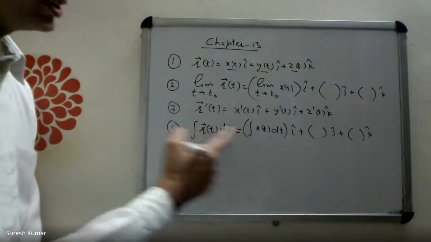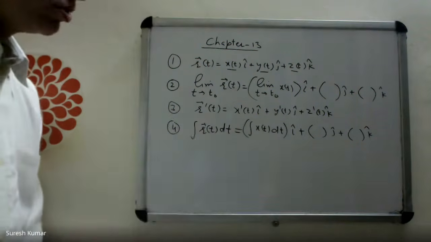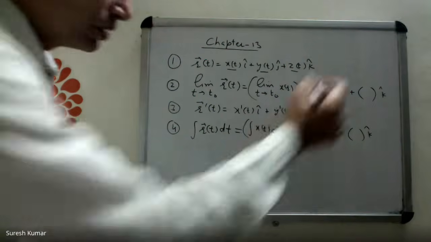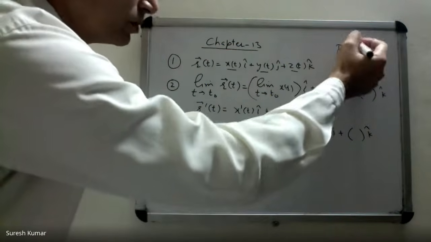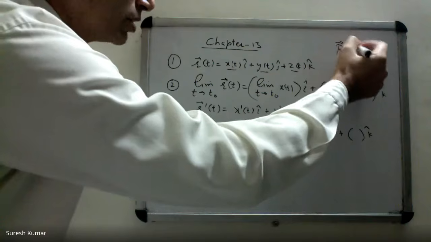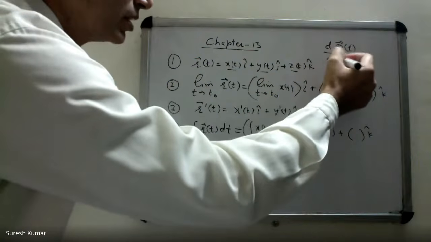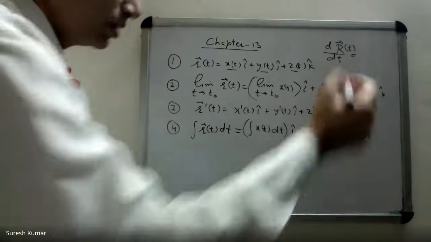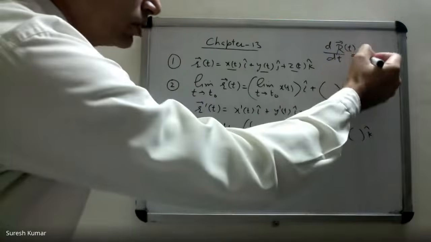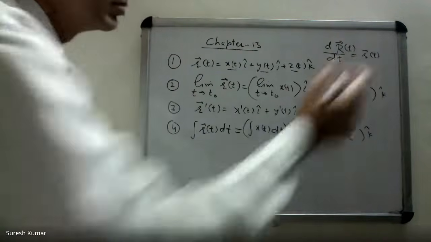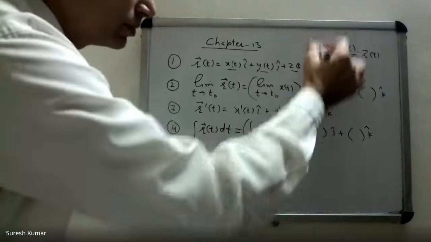And the definite integral is similar to the one variable case. If you find a vector function R(t) such that its derivative is equal to small r(t), then what is the integration of r(t)?